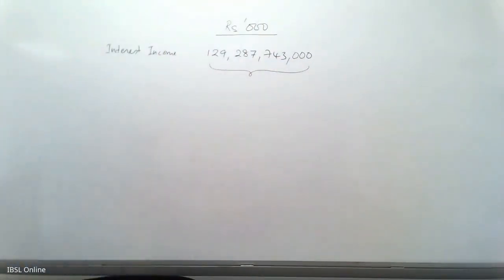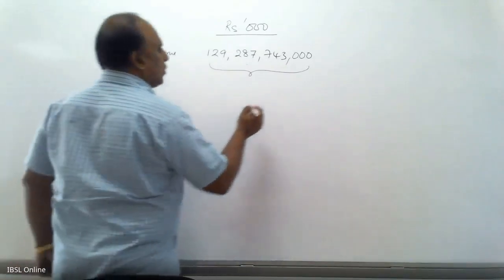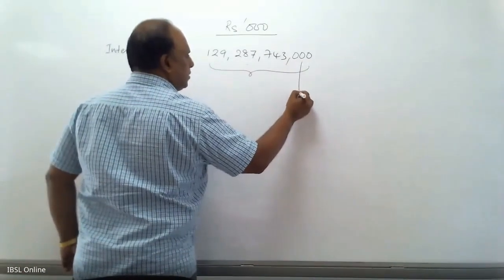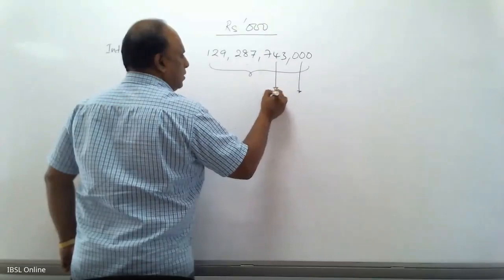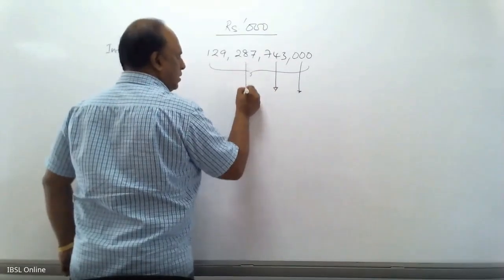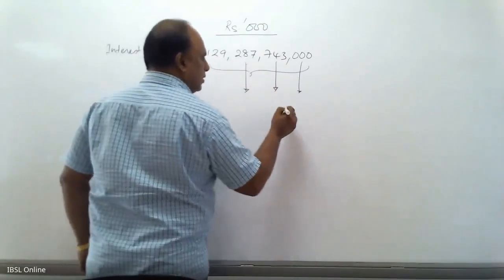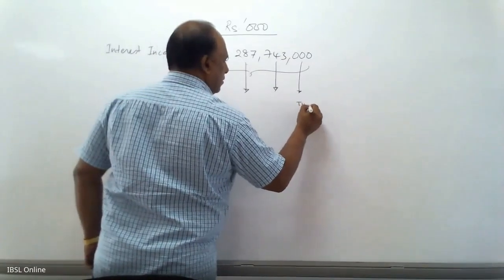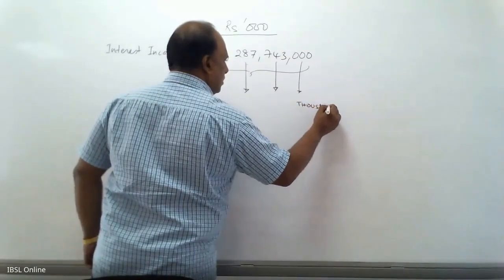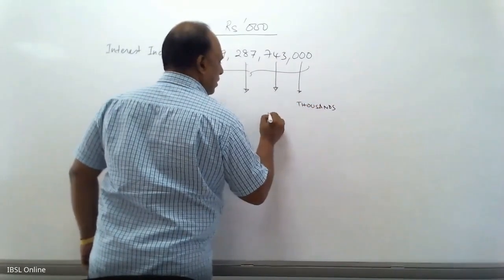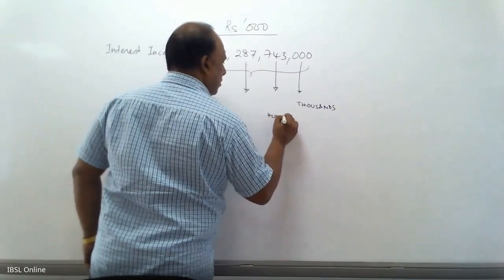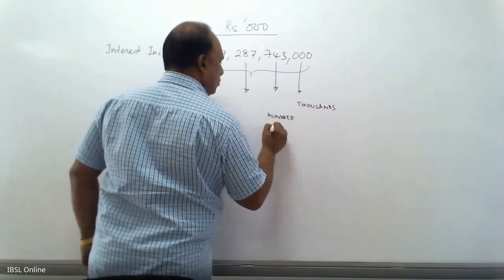Now what is this number? This is hundreds, and so this is thousands. This is hundred thousands. This is thousands. Hundred thousands.